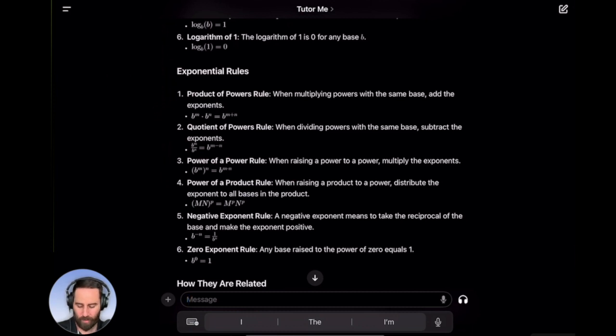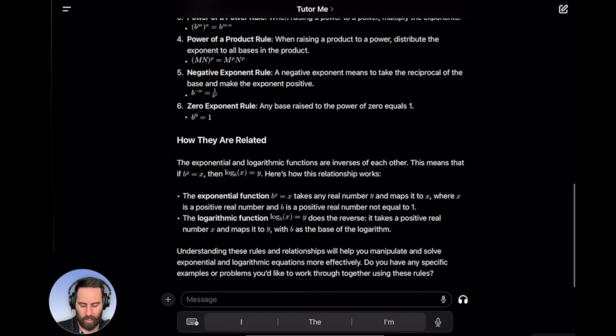Can you look at that? They're all there. How are they related? The exponential and logarithm functions are inverses of each other. That means if b raised to the y equals x, then log base b of x equals y. Here's how this relationship works, and then it explains it to you. That's cool.